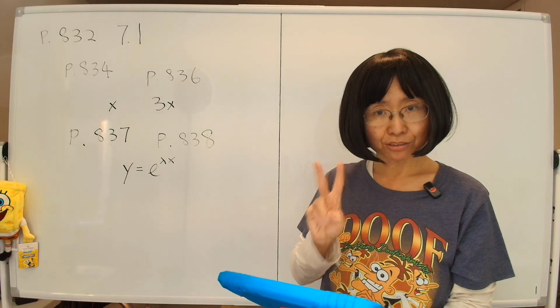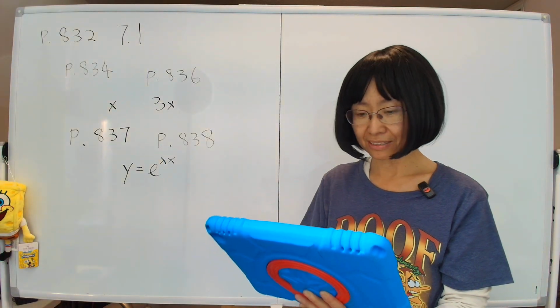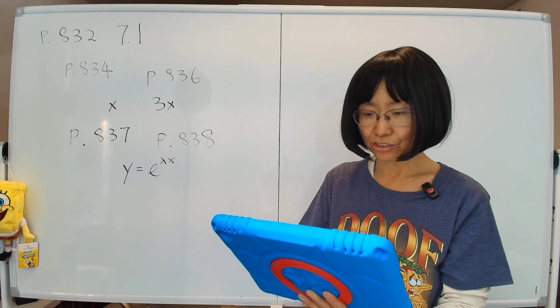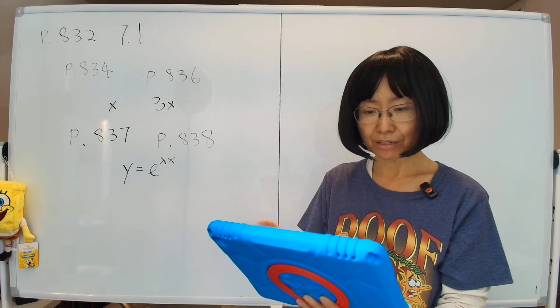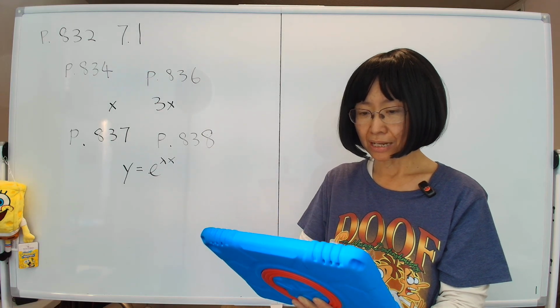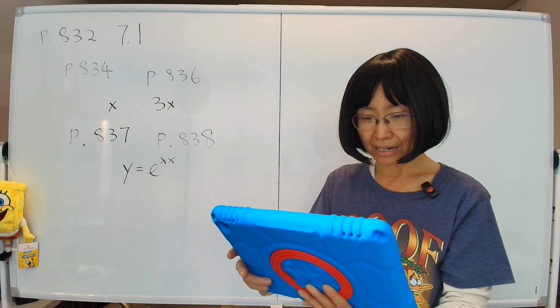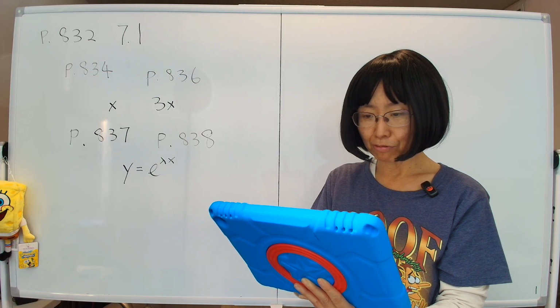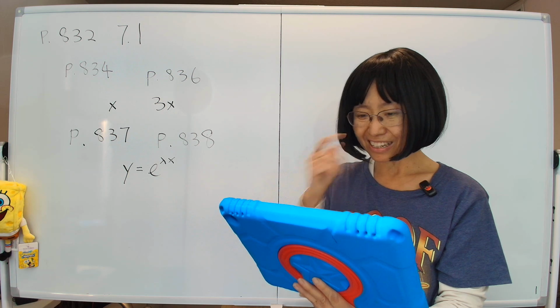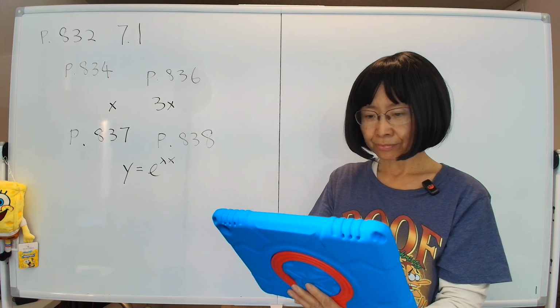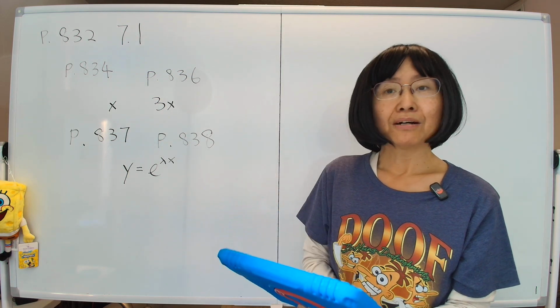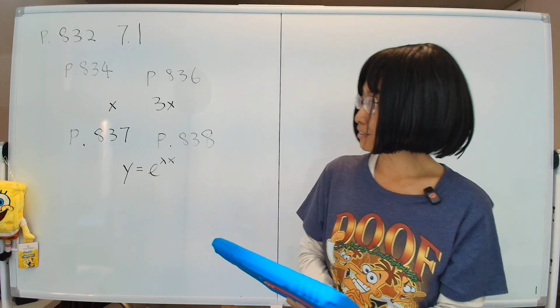All right, that's for two distinct real roots. Now, the next question is what happens if we have a repeated root? Then lambda equals two things, right? So now what are we going to do? We want two solutions and there's only one.